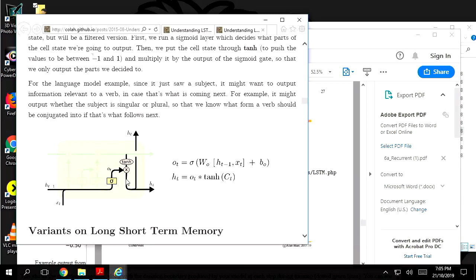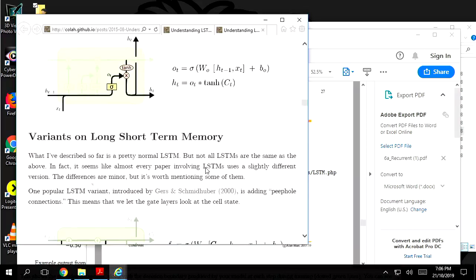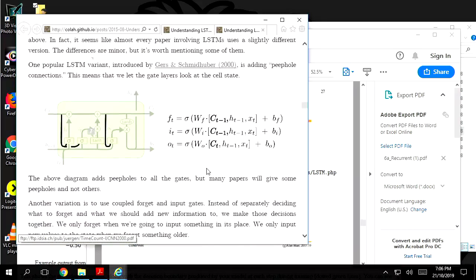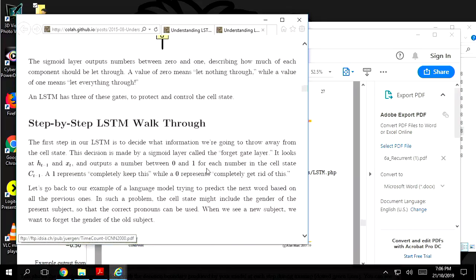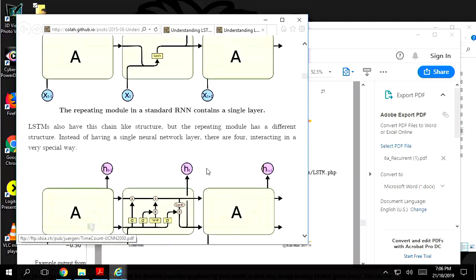The two things are different. Again, this gate tells you what to remember. If this sigma is 0, it tells you not to remember that component, if it's 1, it tells you to remember all of that component, and if it's in between, you partially remember it. So this is the full architecture.